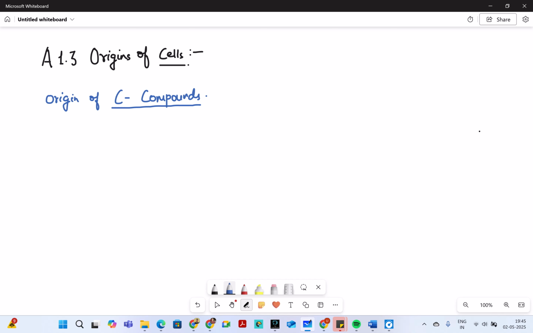Before that, we will try to understand the conditions on early earth and the origin of carbon compounds both. If you go into the detail, you will realize that there are some life supporting conditions.